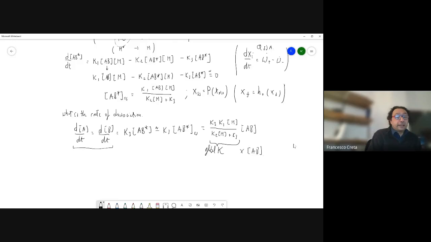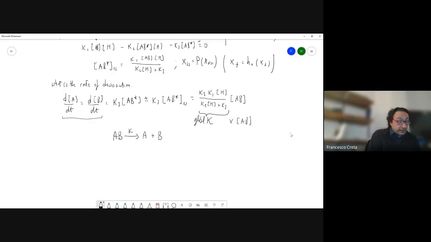Okay, so in fact, if I go back to my original global reaction, AB actually yielding the dissociated products A and B with the rate constant K, okay? Well, the quasi-steady state assumption really has allowed us to express K as this group here.